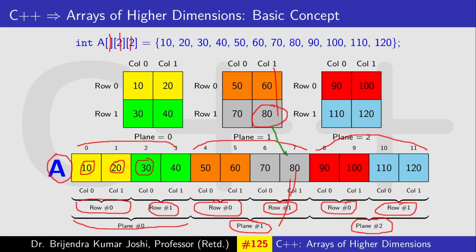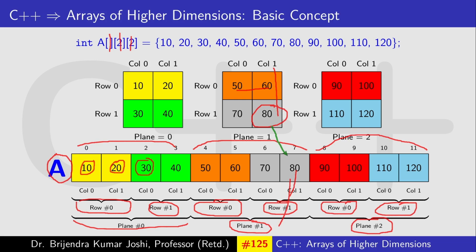We will see this when we study the working program. So how many planes are before plane number 1? 1. What is the size? 4. So 4 multiplied by 1, plus, what is the row index? 1. So how many rows to skip? 1, which means size is 2.